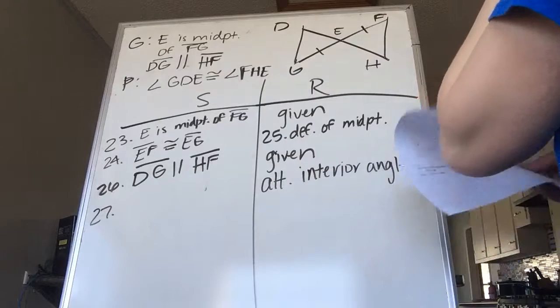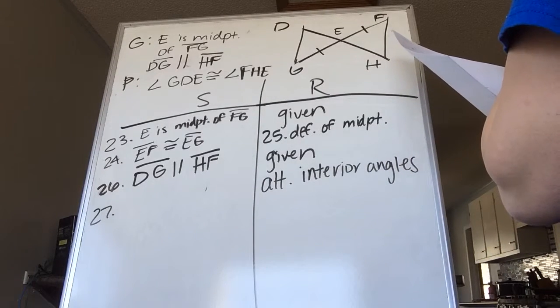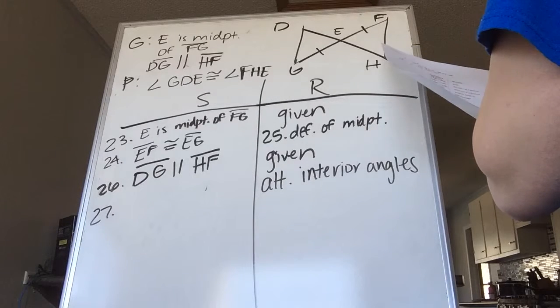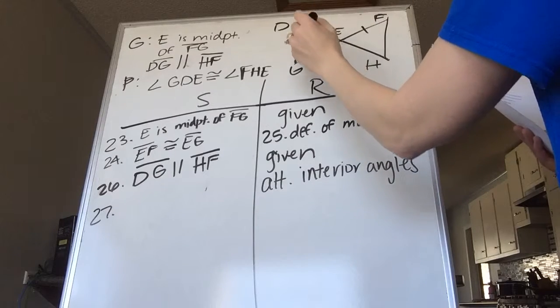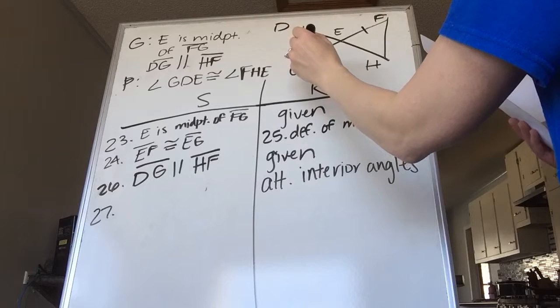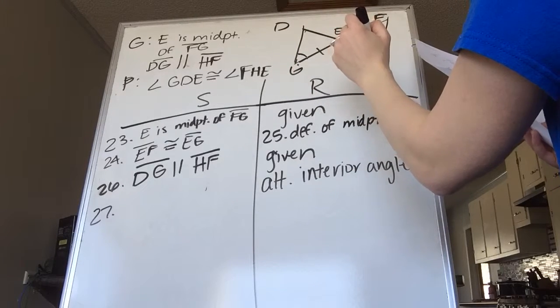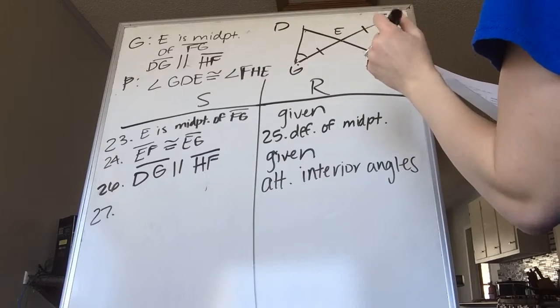So where are some alternate interior angles? DGE is congruent to HFE because of alternate interior angles.